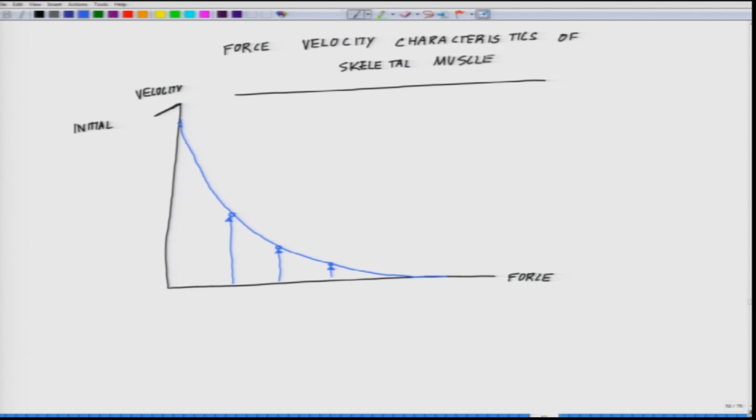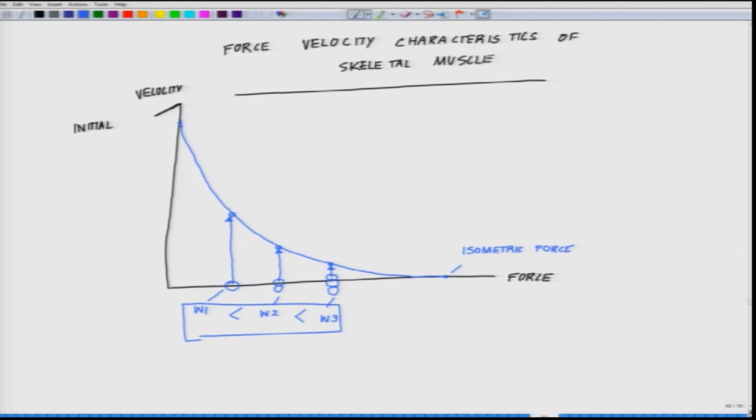So, this is W1, this is W2, these are the weights you are putting. Okay, you are increasing the amount of weight. So, this is increasing. And this leads to something like, and this is what we call the isometric force. So, what is your isometric force?